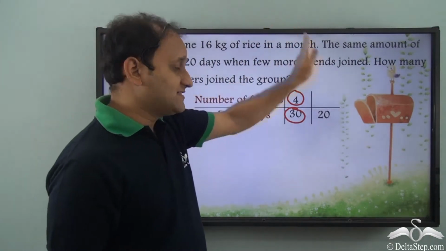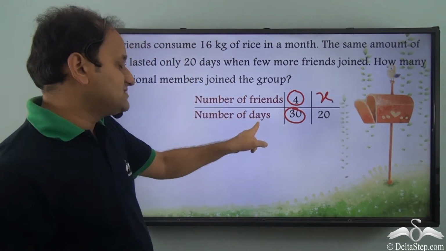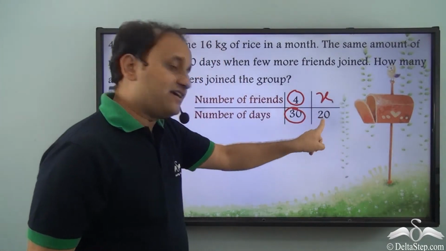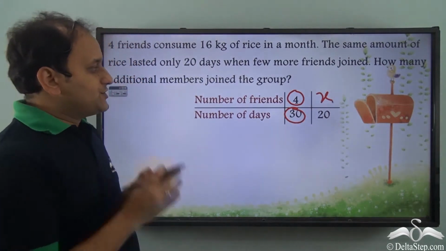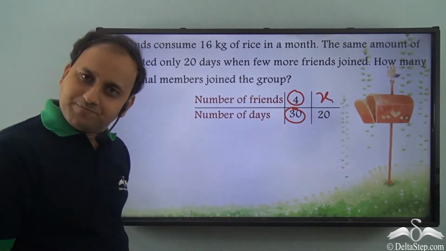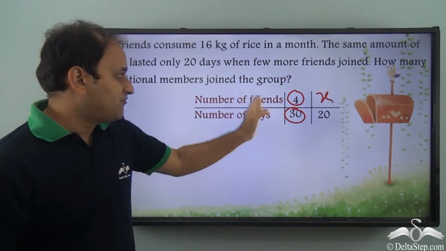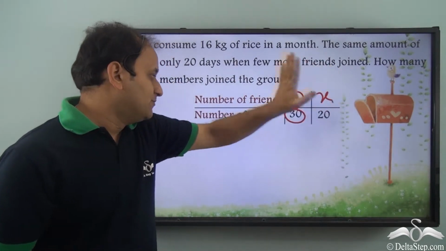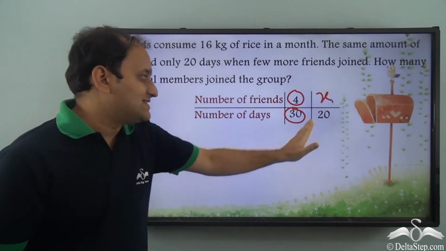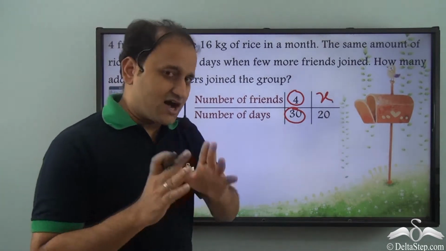Now, if the number of friends increases, let's say x, then the number of days taken to consume the same rice is 20 days. So now, from this inverse relationship, can you find the value of x, that is, the number of friends who will consume this same amount of rice in 20 days?